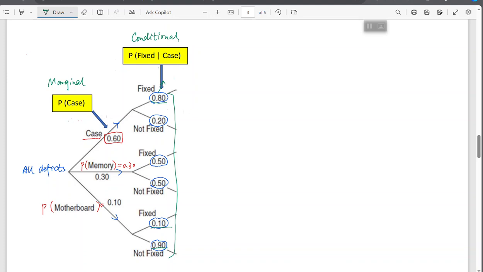Now let's think about this 0.80, 0.20, 0.50, 0.50, 0.1, and 0.9. It looks like this 0.9 is the highest probability. Does that mean we have the largest percentage that this is the motherboard problem and not fixed? It doesn't make sense, right?